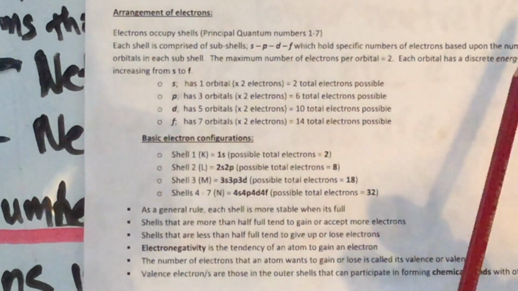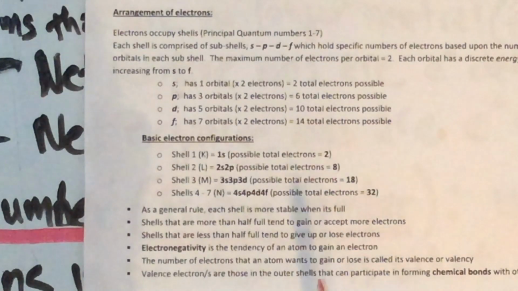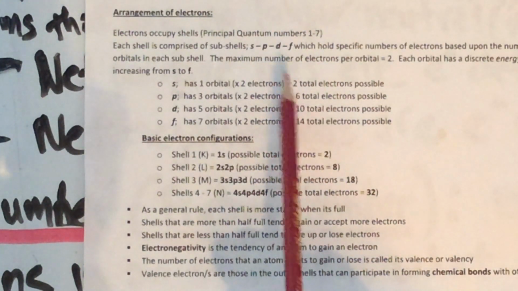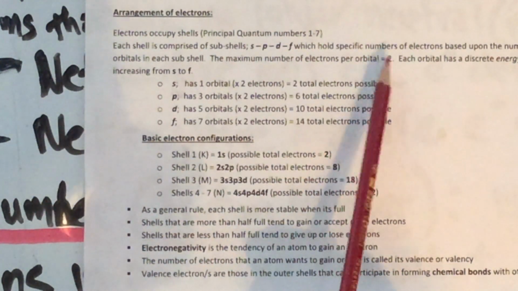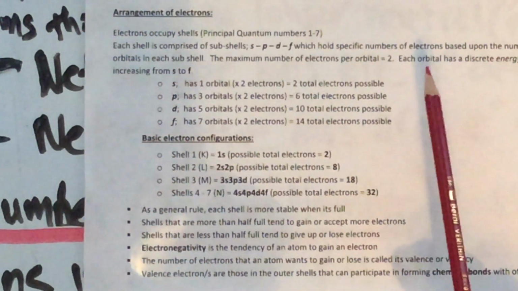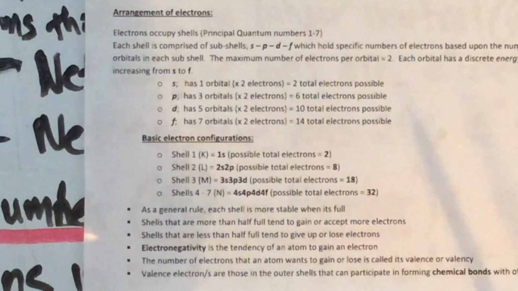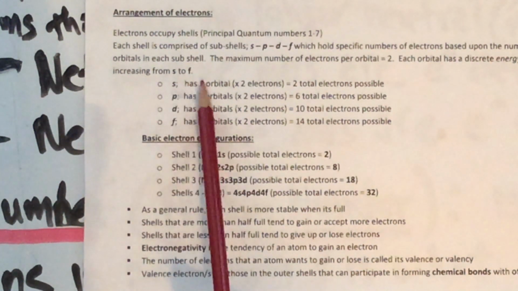These all hold specific numbers of electrons based upon the number of orbitals in each subshell. And as we said before, the maximum number of electrons per orbital is only 2. And the orbital has a very discrete energy level, as I showed you on that last board before we moved on to this one. And so these are increasing from S to F.